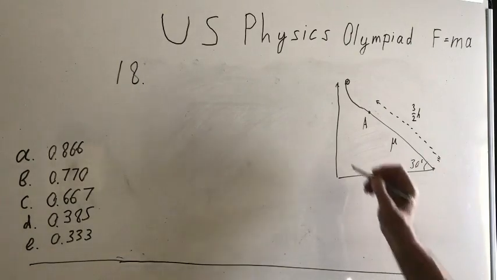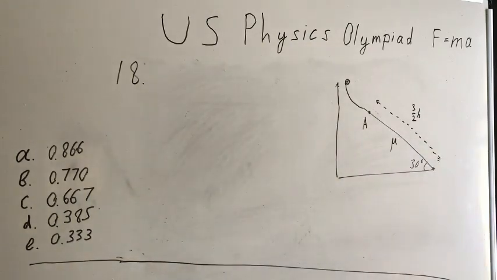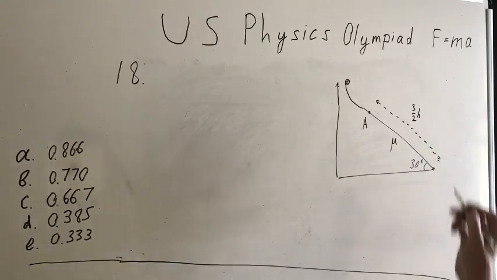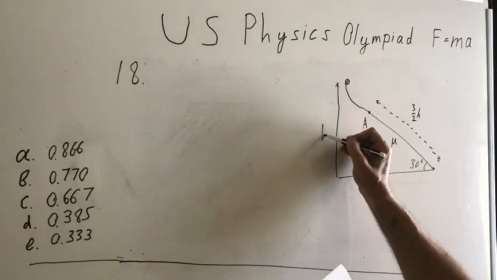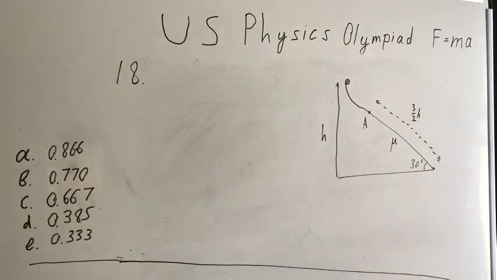This incline is of length 3/2 h, where h is the initial height. The chunk of ice comes to rest precisely at the end of this incline. So what is the coefficient of friction, mu?